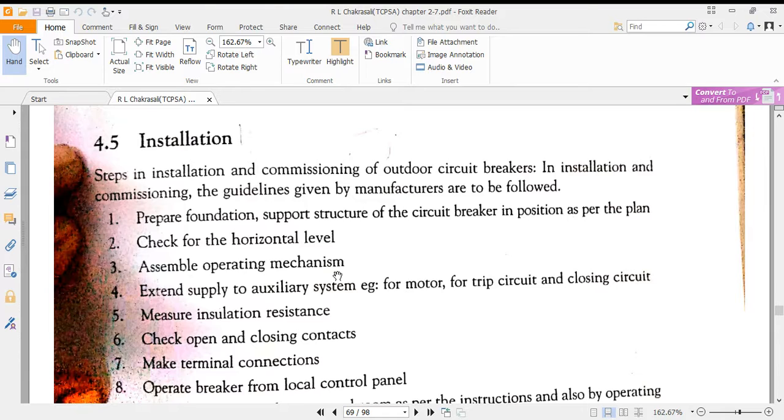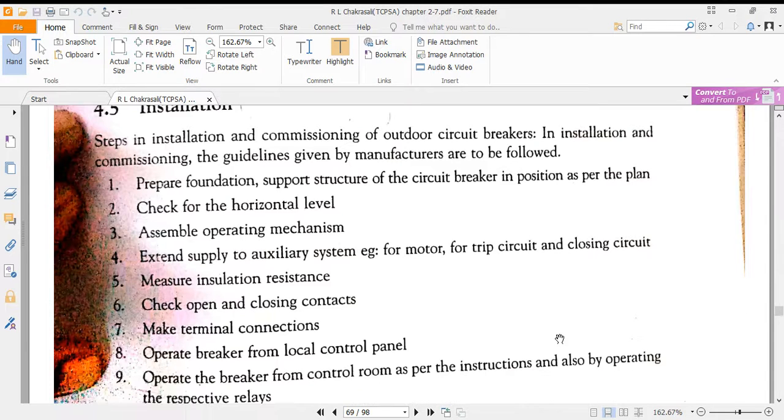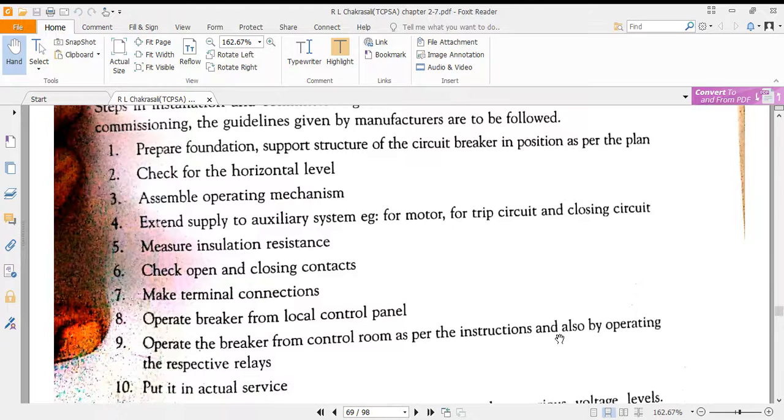These are the steps for installation and commissioning of the outdoor circuit breakers, and all the guidance are generally given by the manufacturer. So these are the guidelines.